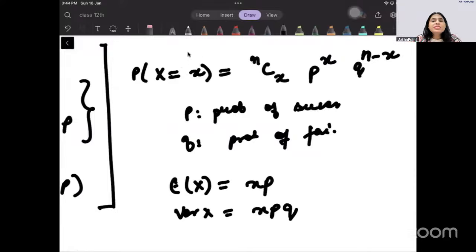You will notice that towards the end of these notes, I have mentioned the relationship between different distributions. उनको अच्छे से पढ़ लेना. When binomial becomes approximately normal, when the binomial becomes approximately exponential, ये वाले जो relationships हैं, I have mentioned them in the notes, and I want all of you to read those notes very carefully.